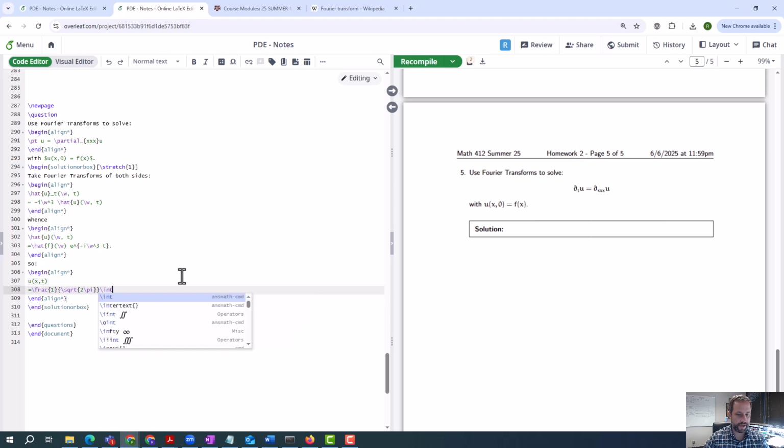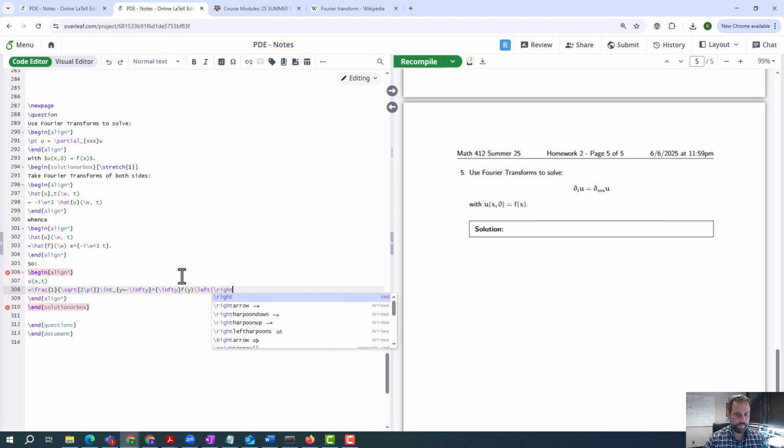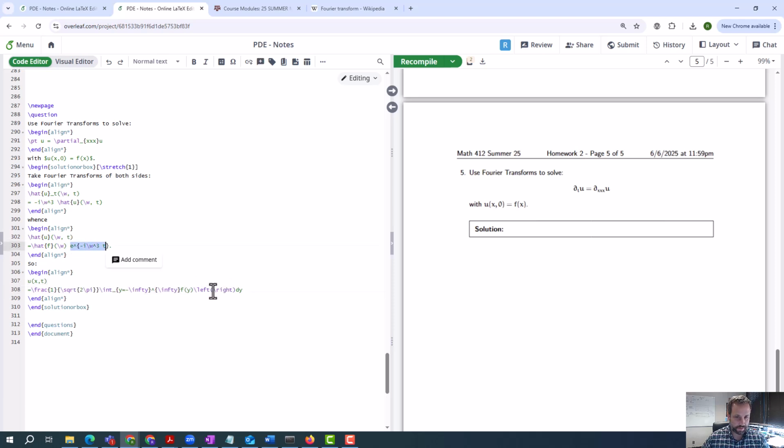So now we're going to have the integral y equals minus infinity to positive infinity of f of y, and then on the inside I'm going to put the integral for the inverse Fourier transform of this.